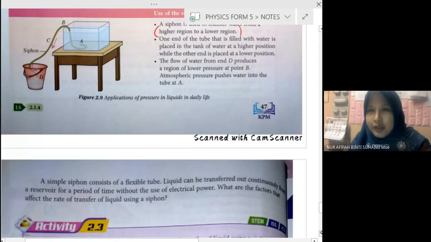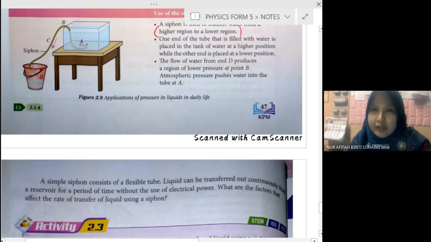Okay, this one you know, before you put the siphon into the aquarium and pail, you must insert water. Fill the siphon with water first. Close with your finger at the end, A and D, close with your finger, and then put it into the aquarium and release water.